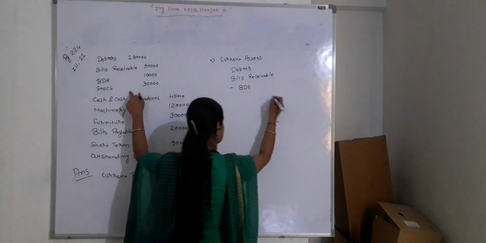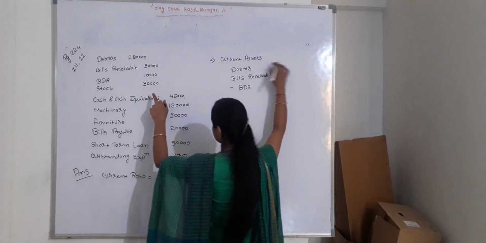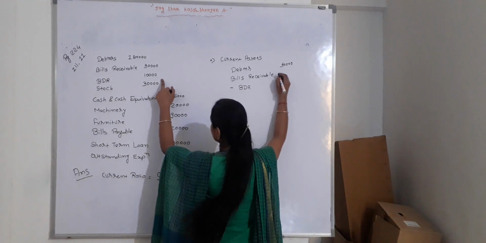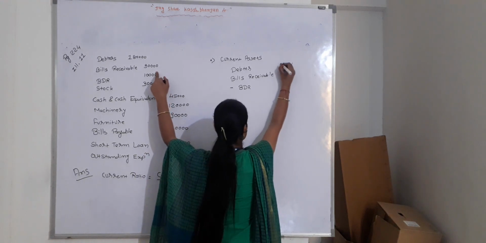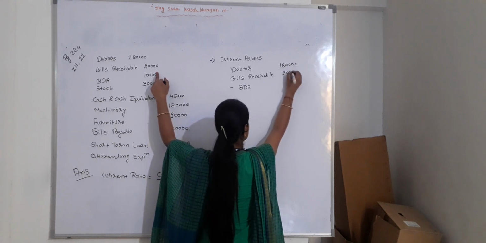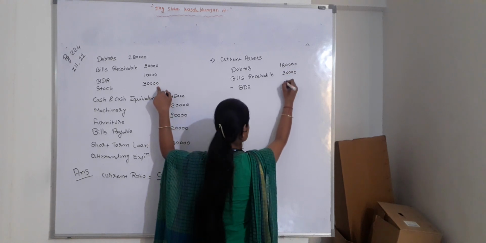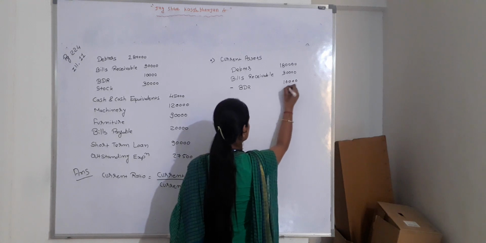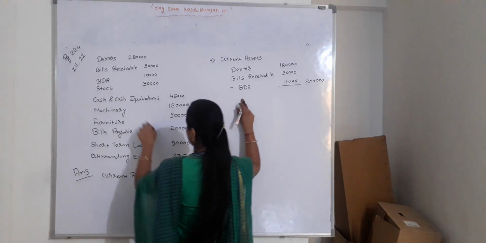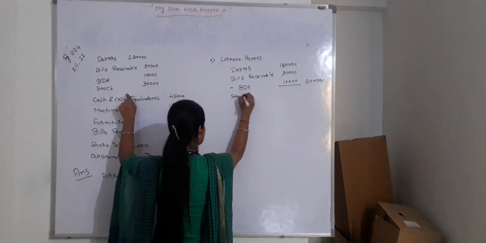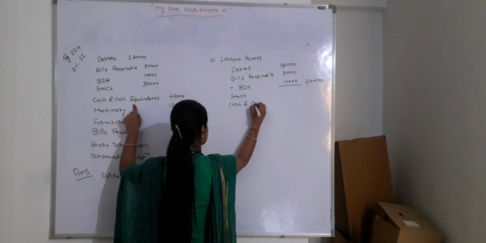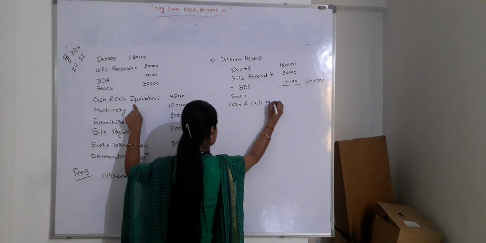Then stock. First 1,80,000, then 30,000 and 10,000. So 2 lakh. Now we'll add stock, that is our current assets, then cash and cash equivalents.